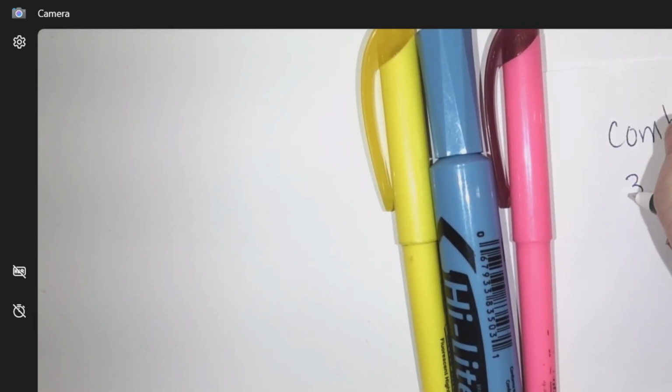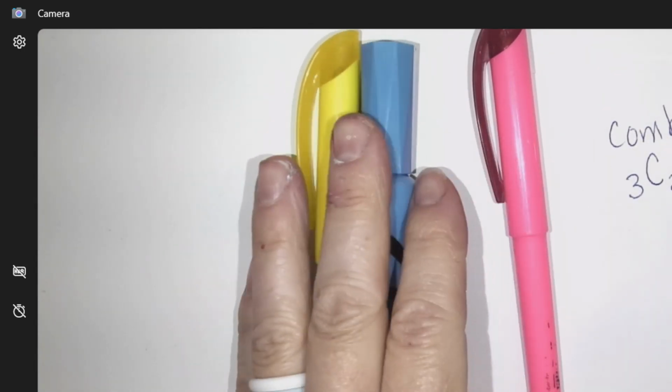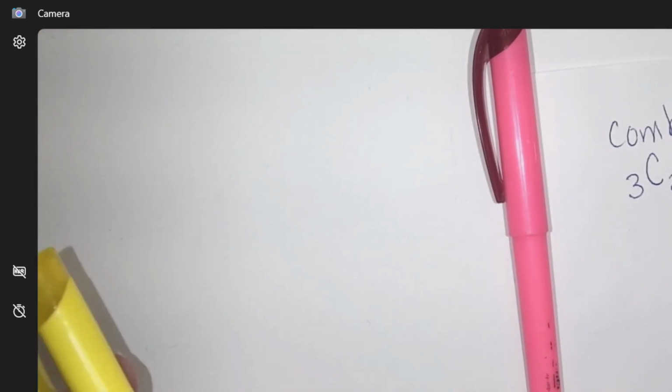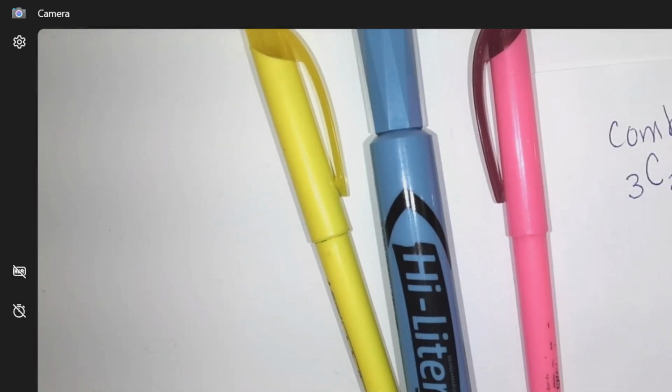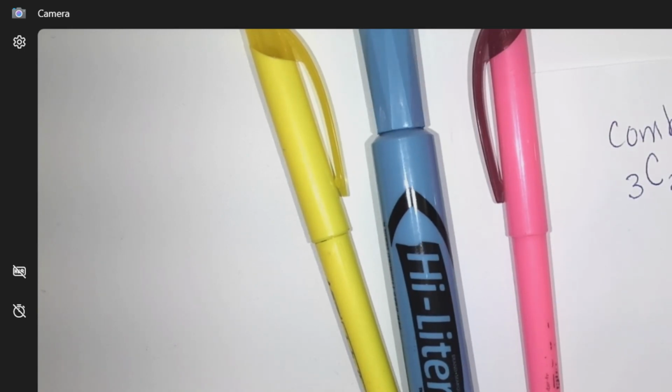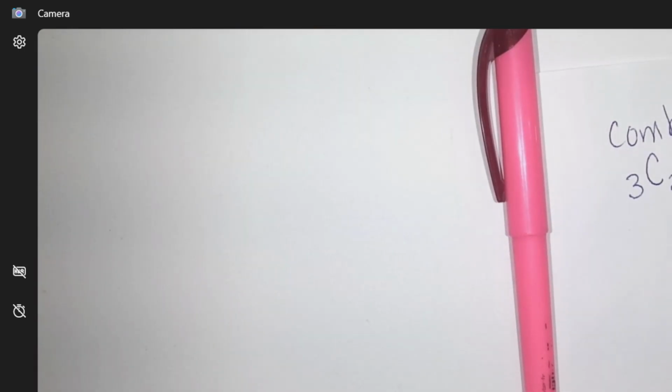So I have 3, and I'm going to be able to pick 2. Okay, so give me one of the options I can choose. I'm going to give, like Reese, here's 2 markers. What could I give him? Give me something. Okay, so yellow, blue.